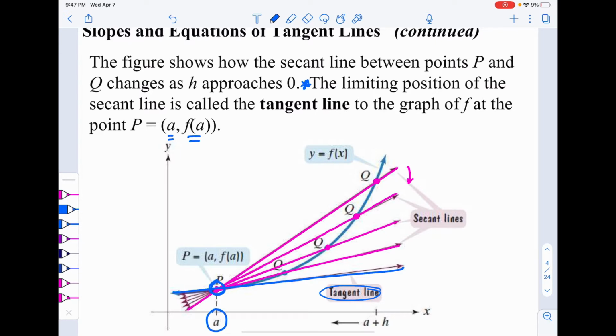Whatever our a value is, that's an x value, then f of a is the value of the function evaluated at that point. So our secant lines can give us the slope of a line, and we can get as close as we can to that point P, where we get the tangent line, which has the slope of that curve just at that one point.